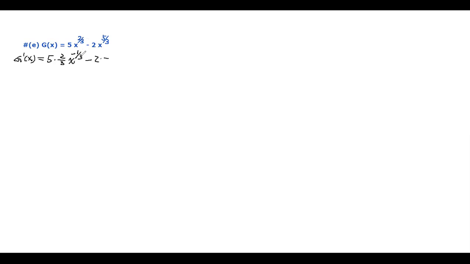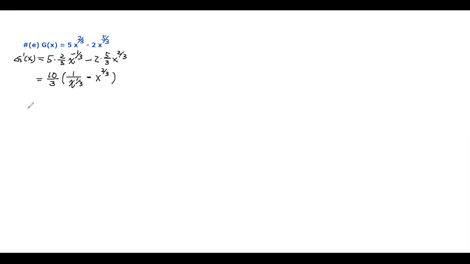Okay, then minus 2, move the 5/3 down. Then for x, 5/3 minus 1 is 2/3, right? So 5 times 2 is 10 over 3. I can take the 10 over 3 out, taking all the constants out to simplify. So when I take all the constants out, the first one becomes x to the negative 1/3, and the second is x to the 2/3.